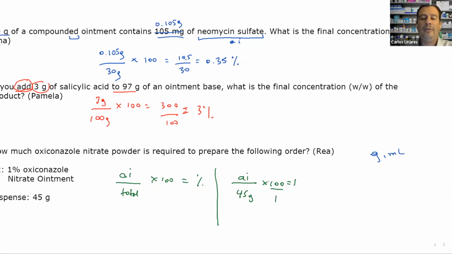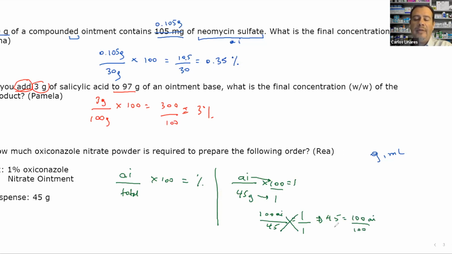Okay, so now let's solve. Let's multiply across. This times this is 100 times x, so 100 AI. And 45 times 1 is just 45. Now we have a proportion, so we can cross multiply. We have 45 equals 100 AI.